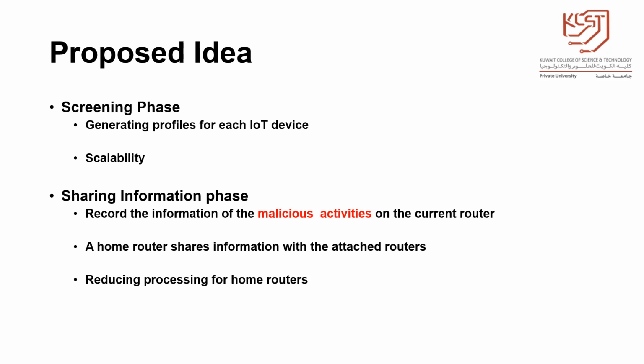This will help share the knowledge and experience of one home with the rest of the home routers, and it will also reduce the time of performing computation for the rest of the home routers.